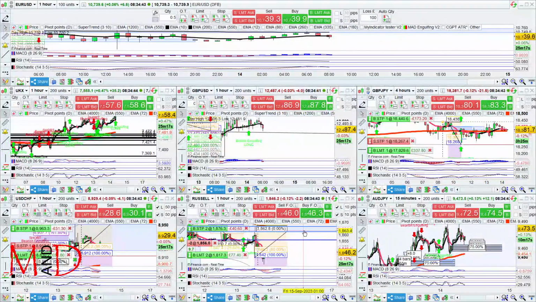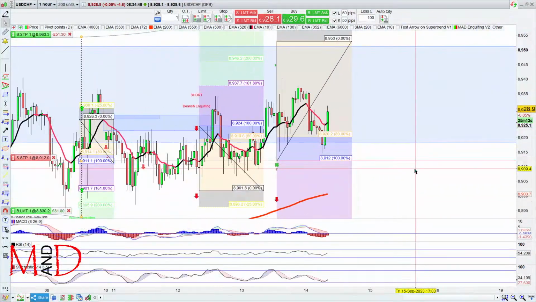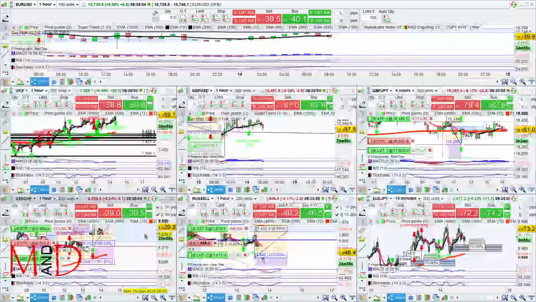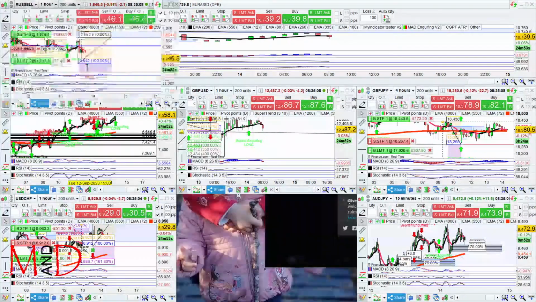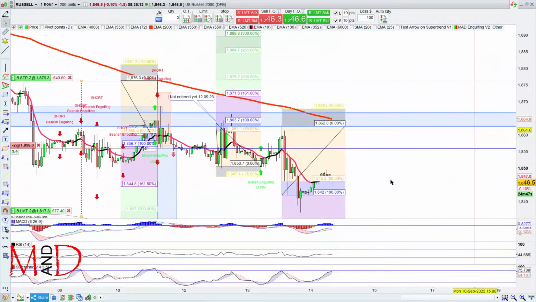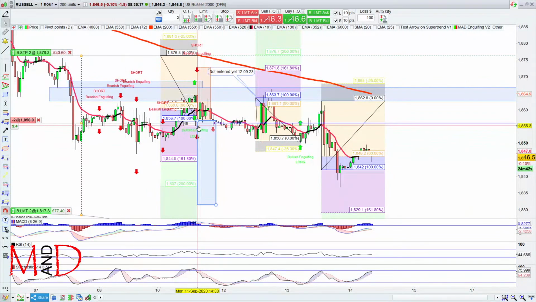So USD CHF, let's have a look. Because we are short on the Russell 2000, let me just show you that one instead. Here we go. So we are short from here, this one right here.